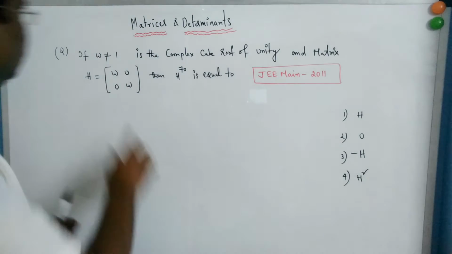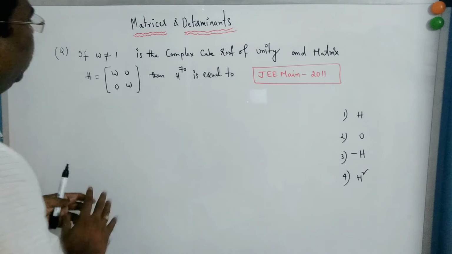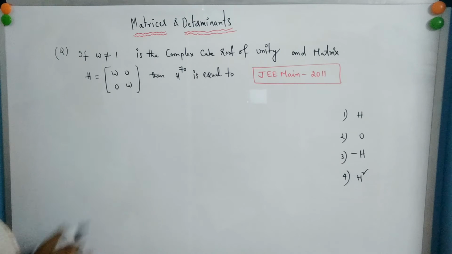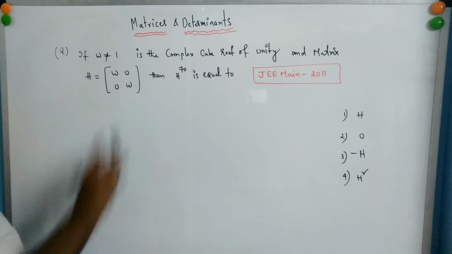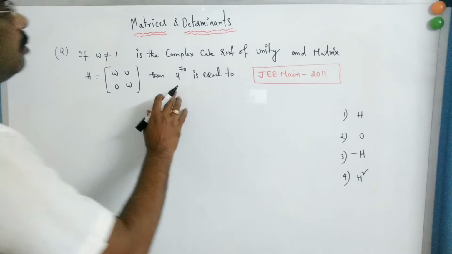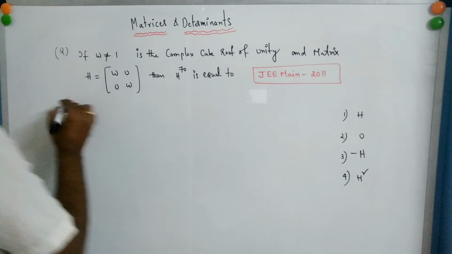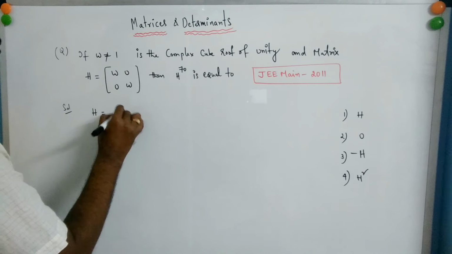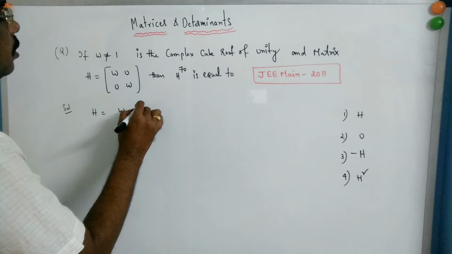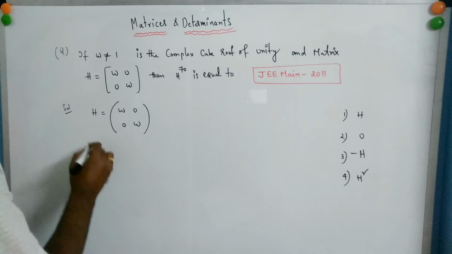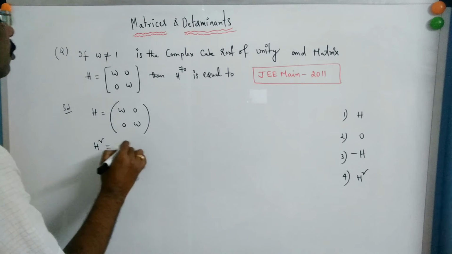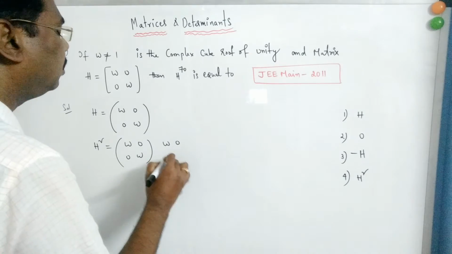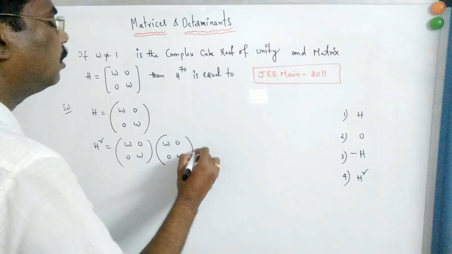Next one: if omega is not equal to 1 and omega is a complex cube root of unity and matrix H is equal to omega 0, 0 omega, then H power 70 equals, okay. Now H is equal to omega 0, 0 omega. Now H square is equal to omega 0, 0 omega into omega 0, 0 omega.